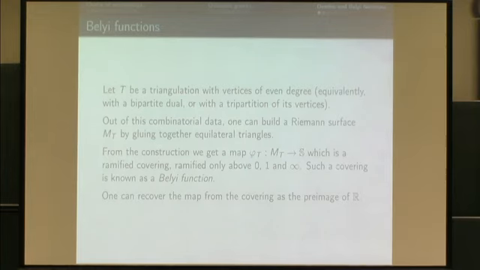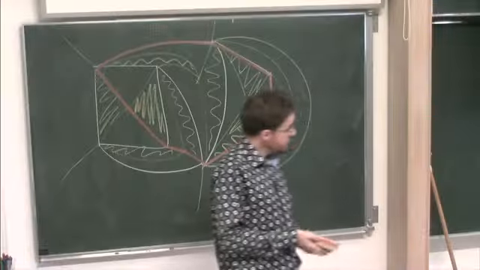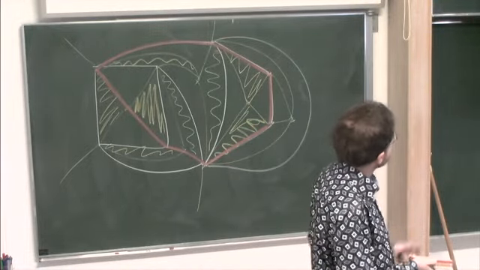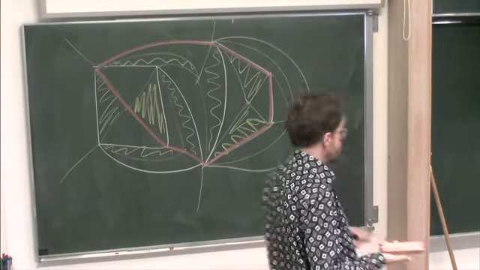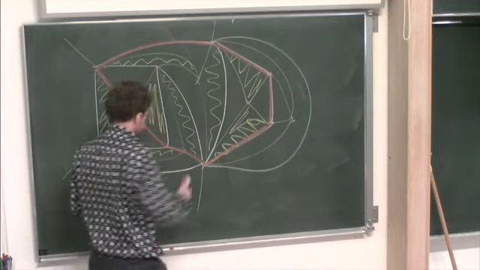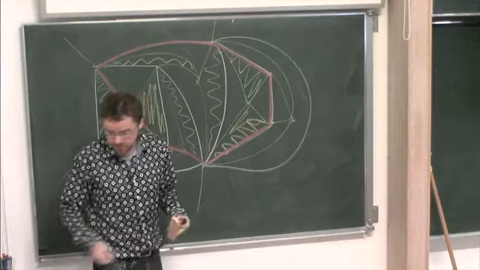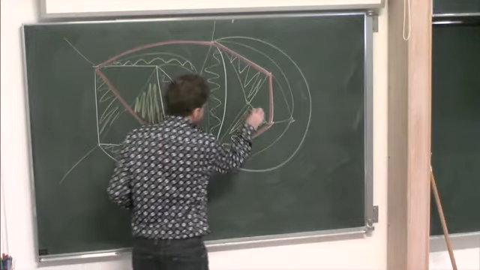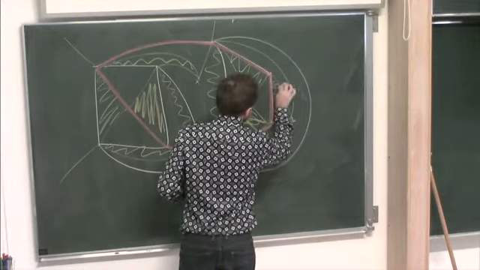Okay, so let's come back to the initial setup. We start with a triangulation of some surface, say this one, of the plane. And I'm assuming for the moment that this triangulation has vertices of even degree. So the dual of the triangulation is bipartite, and that means that we can color these triangles in two colors.